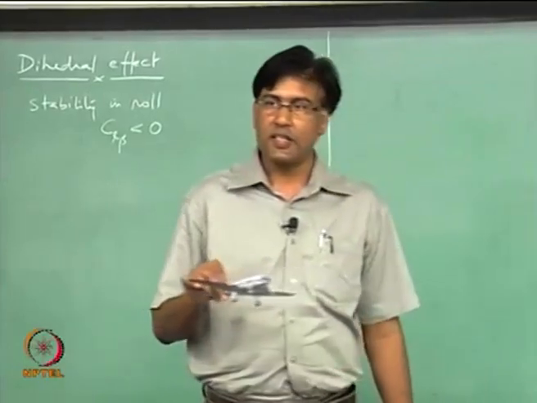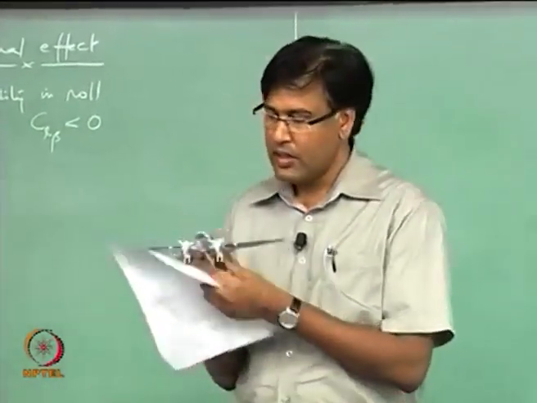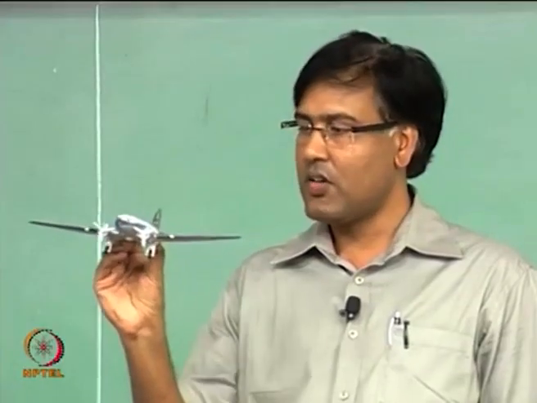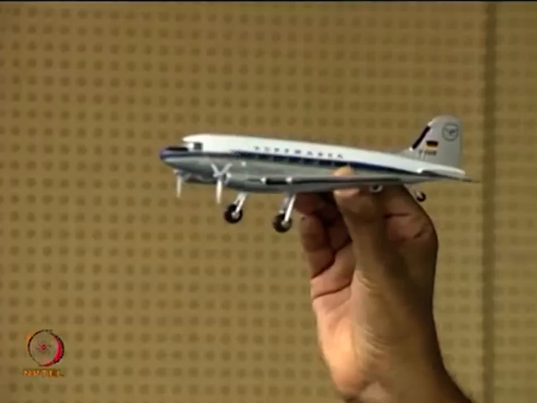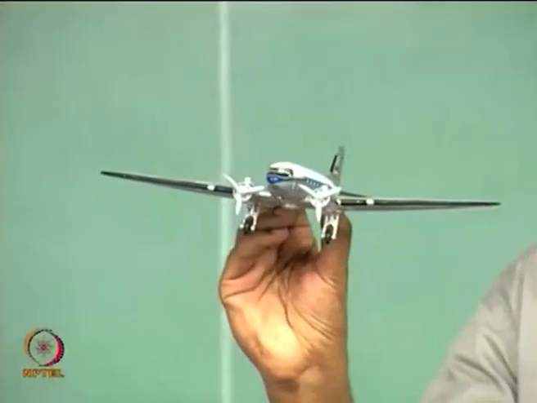You have this aircraft which is flying straight and level. So, it is going straight, only one velocity, forward velocity, bank angle is 0, no side slip.